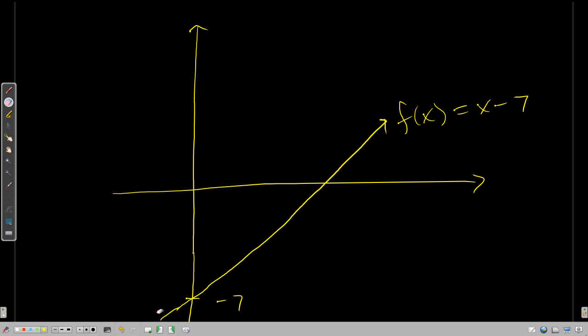And they want the net signed area from -1 to 9. So it's the net signed area, and all that means is just integrate.